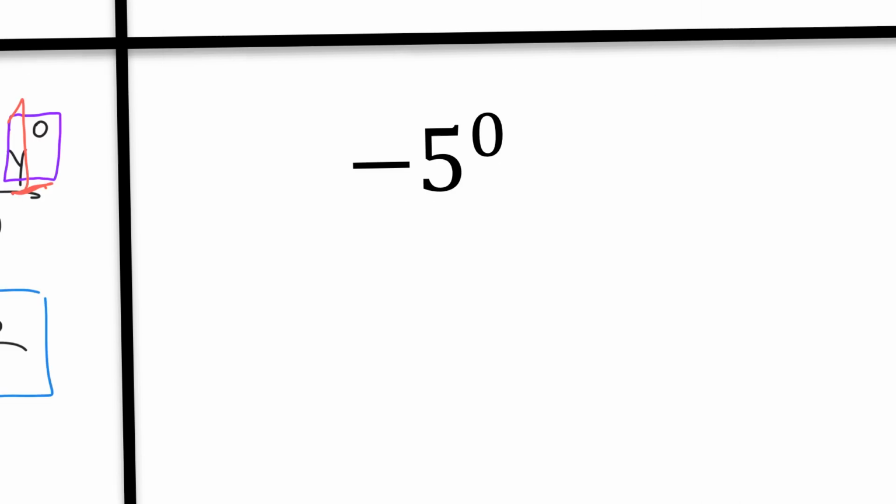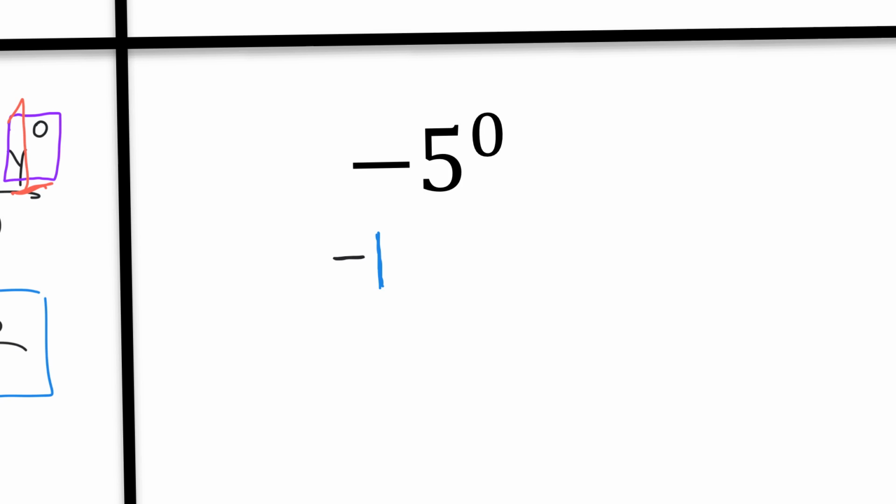Now this one here is a little bit tricky because you have a negative 5 to the 0 power. So here, notice once again, you do not have parentheses. So when that happens, you actually have to separate the negative and the 5. There's a property where you can do that. You can separate the negative from the 5. So I'm going to put negative, and I'm going to put a 1 there because a negative by itself looks kind of weird.